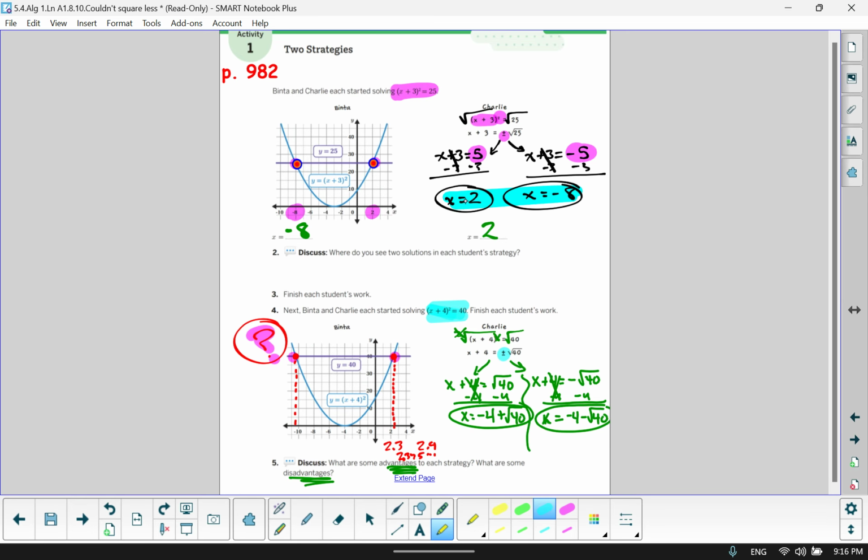However, Charlie's method, while it takes a little more work, is going to be exact every time. So, disadvantages of Charlie's method, it might take 2 more steps, 5 more seconds, maybe 10 or 15. But no matter what, you can always use Charlie's method to find the solution. Binta's method, I'm afraid, didn't help us with this bottom number 4.